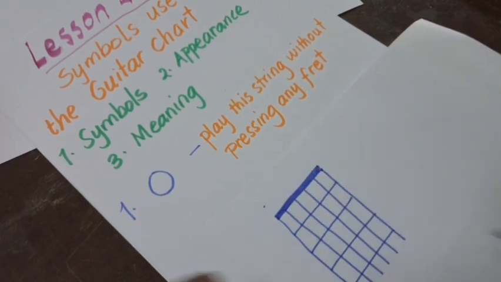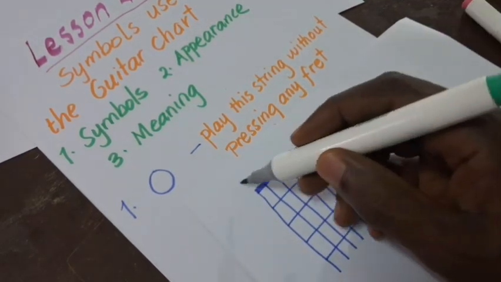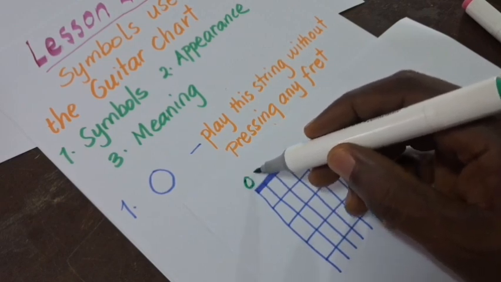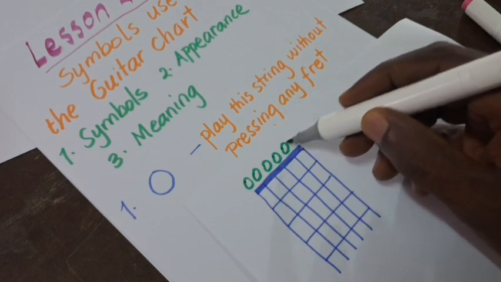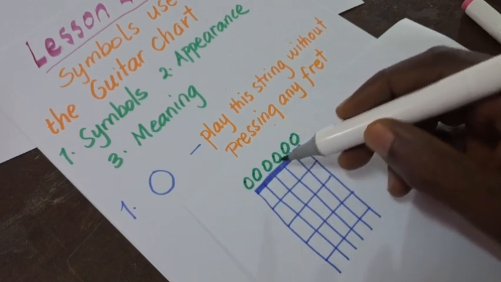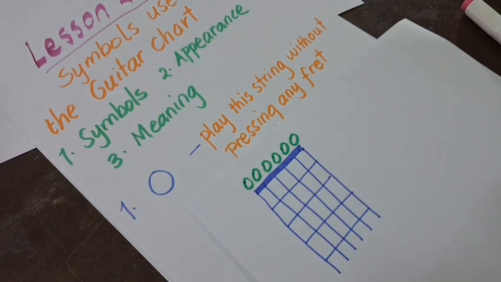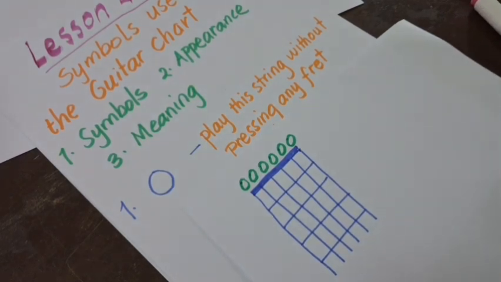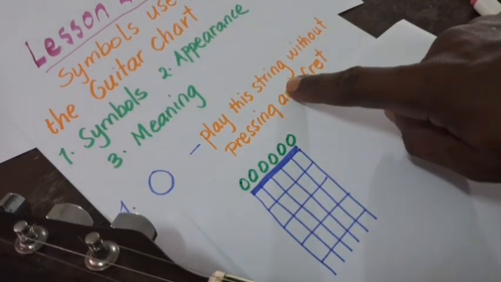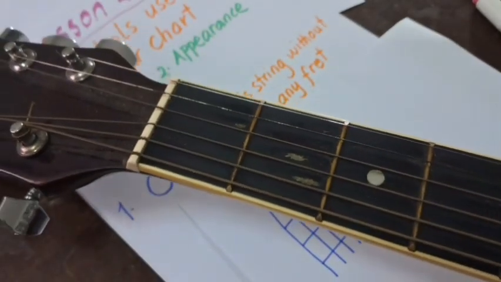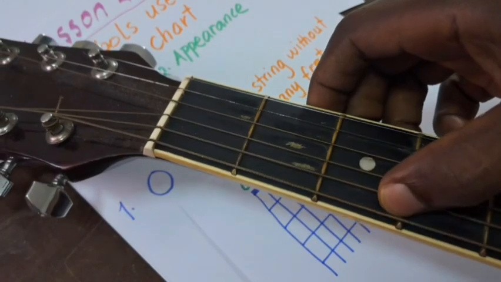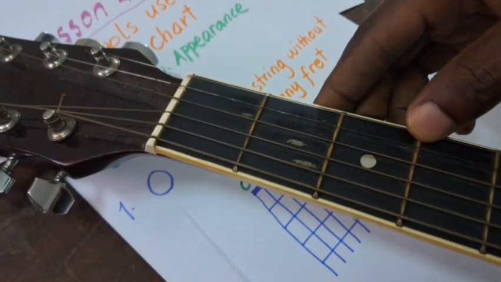For instance, if we are given a chart this way and we have this open circle above the fret, what is the meaning? It simply means play this string without pressing any fret. So this is what we have, and we are told to play it without pressing any fret.